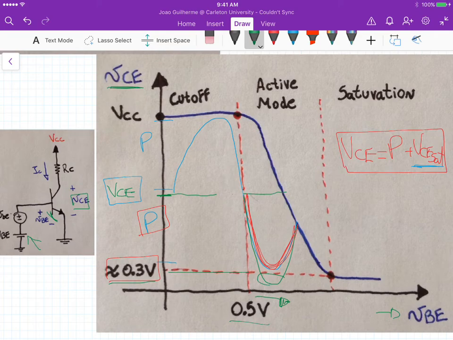At these particular values of the output voltage, we won't be able to represent the output, because then the BJT is going to be operating in the cutoff region and it just turns off. So we won't be able to represent this negative part of the output. Okay, so we need to have this capital VCE equal to P plus VCE SAT.